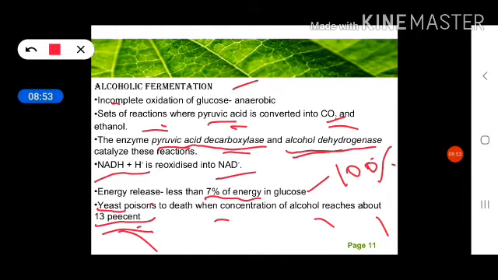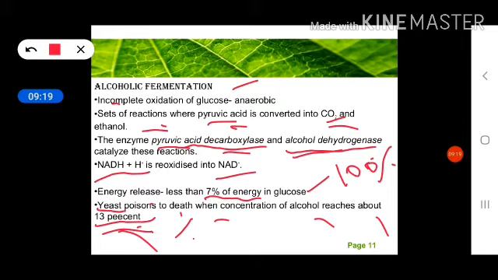And the second main event: the passing on of the electrons removed as part of the hydrogen atoms to molecular oxygen, with simultaneous synthesis of ATP at the inner mitochondrial membrane.